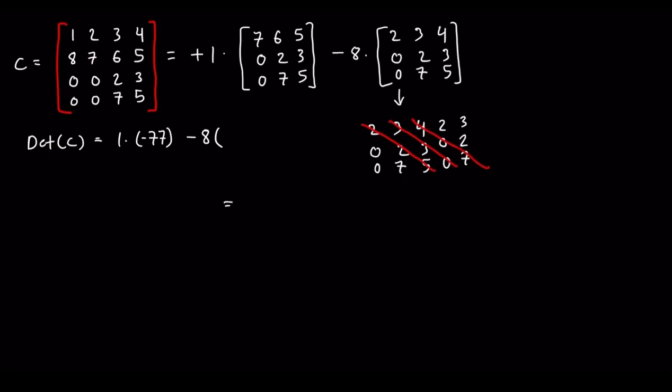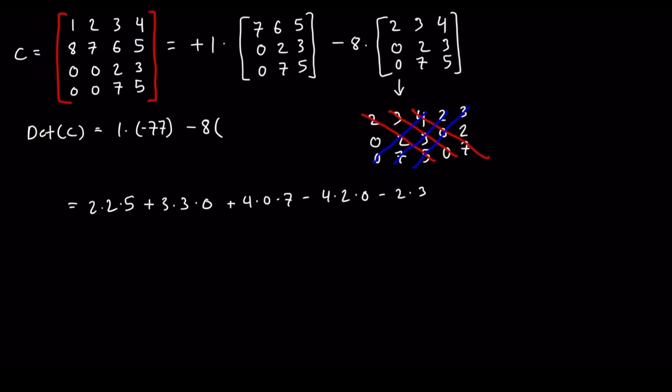So this becomes 2 times 2 times 5 plus 3 times 3 times 0 plus 4 times 0 times 7. Let me move this further so I could get more space. Minus, then we'll multiply the entries along this diagonal. So that'll be 4 times 2 times 0 minus 2 times 3 times 7 minus 3 times 0 times 5.